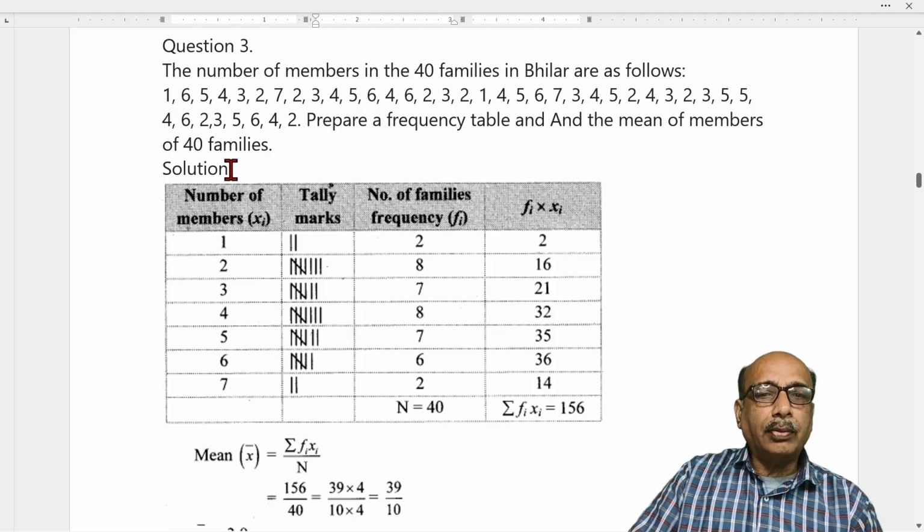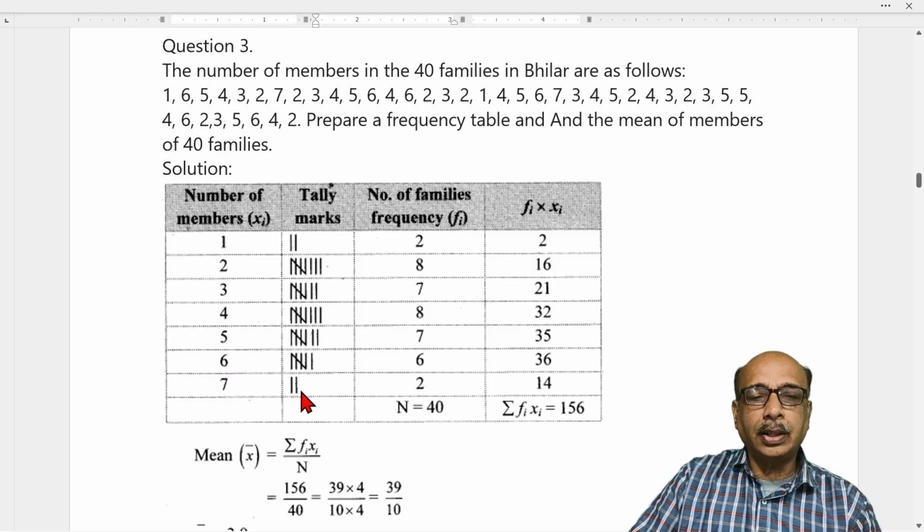Now I will write 1 tally mark, then 6, then 1 tally mark here, and so on. So when I do it for each term, then I will make the number of families, the frequency, that is fi. Tally marks are only to count the numbers here: how many times 1 is coming, 7 is coming, and others.